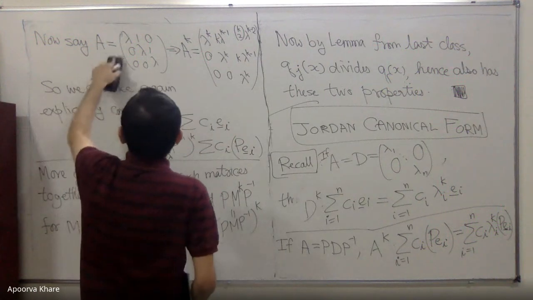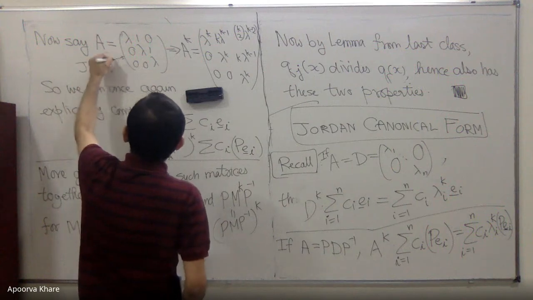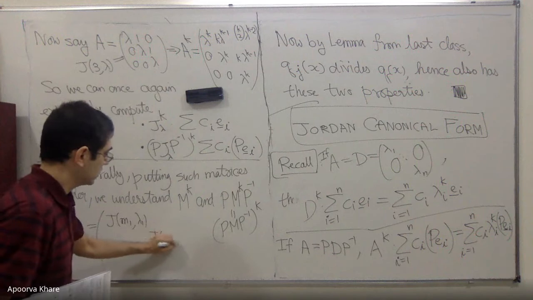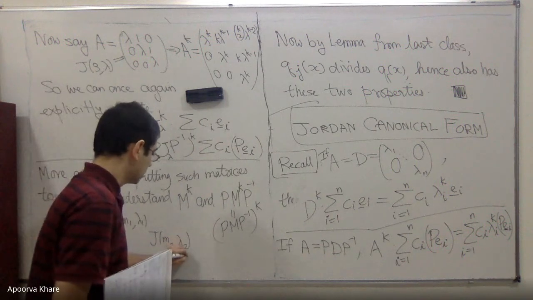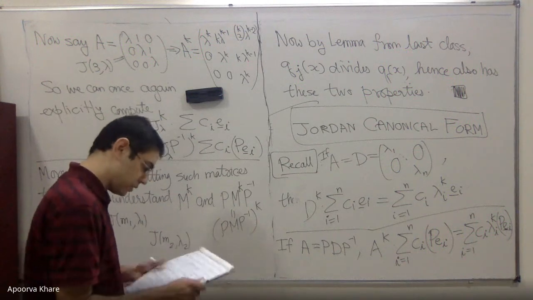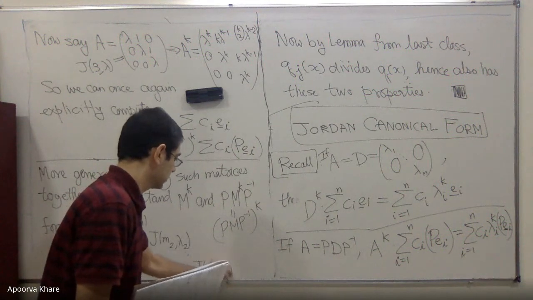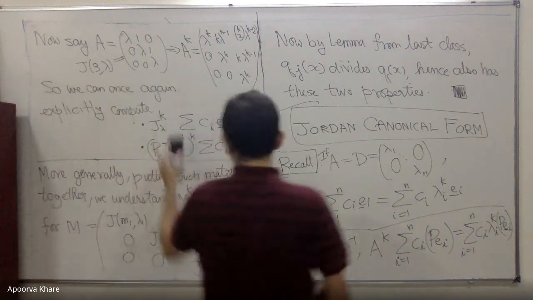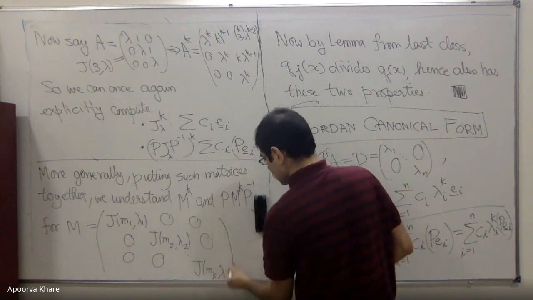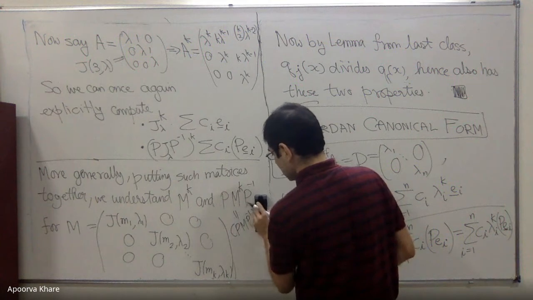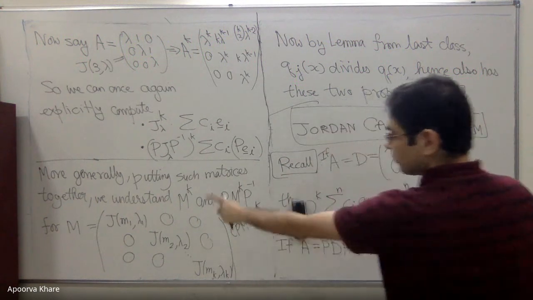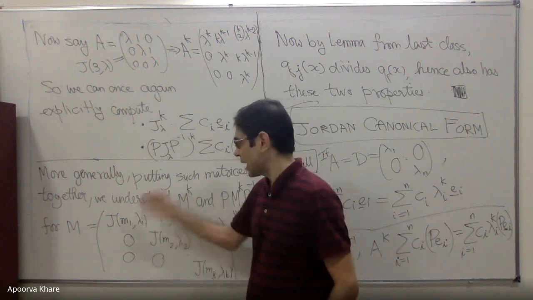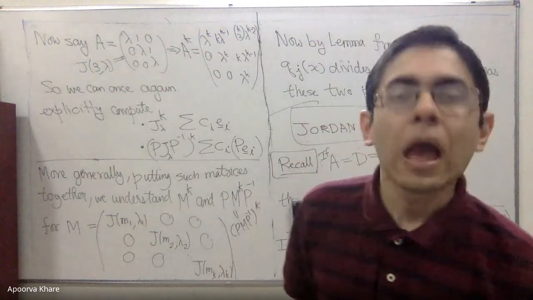This is 3 by 3, so I'll call this J of 3 comma lambda. So I'll say here J of m1 lambda 1, J of m2 lambda 2, dot dot dot, J of m r lambda r. So more generally, we understand those. And as I said, the main theorem that we will prove next time, or we'll finish the proof of it next time, is that every single matrix looks like this, up to conjugation, and over an algebraically closed field.